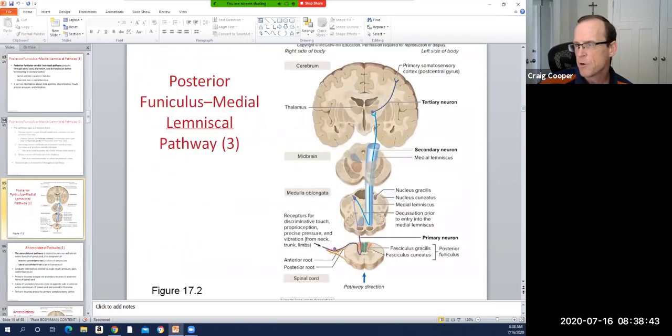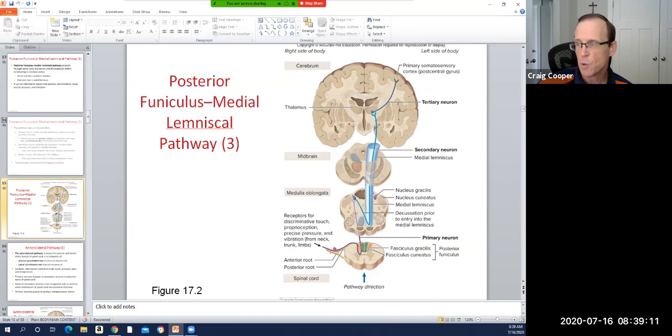So here's kind of a picture of those cuneatus and the gracilis pathways. We've got our sensory information coming in from the body, whichever region it is. The first neuron is going to be in that posterior root ganglia. Its axon is going to continue into the spinal cord and then go on up. And then if you look over to the left, this other little second section from the bottom is trying to show you the medulla.